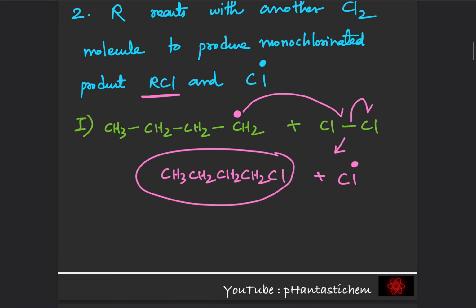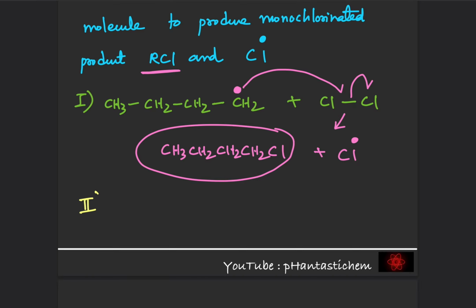Okay. The next product will be when the second alkyl free radical that we got, CH3, CH2, CH radical, CH3, combines with one Cl2 molecule. How is this going to happen?